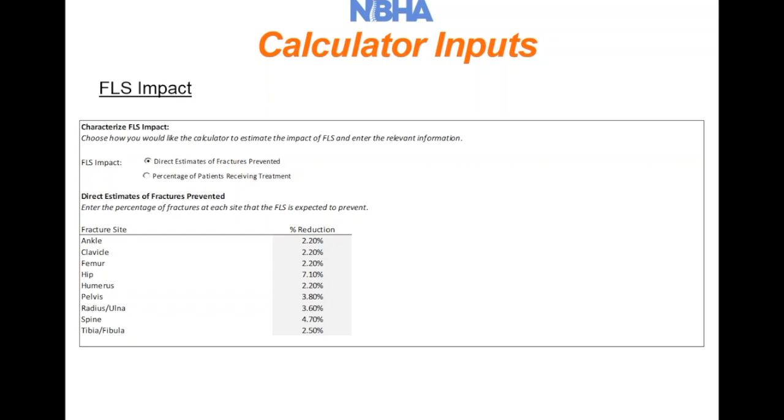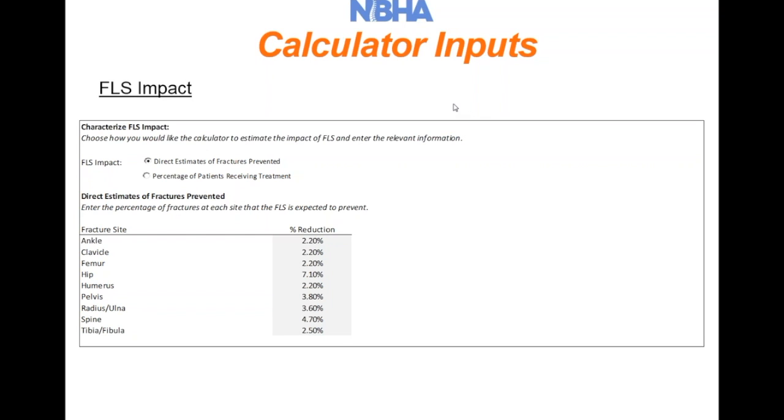So say, for example, you expect 100 ankle fractures over the next 2 years. By entering 2.2 in this field, you're saying that you expect that 2.2% of those 100 fractures will be avoided if an FLS is implemented at your site. So that's the interpretation of these parameters.